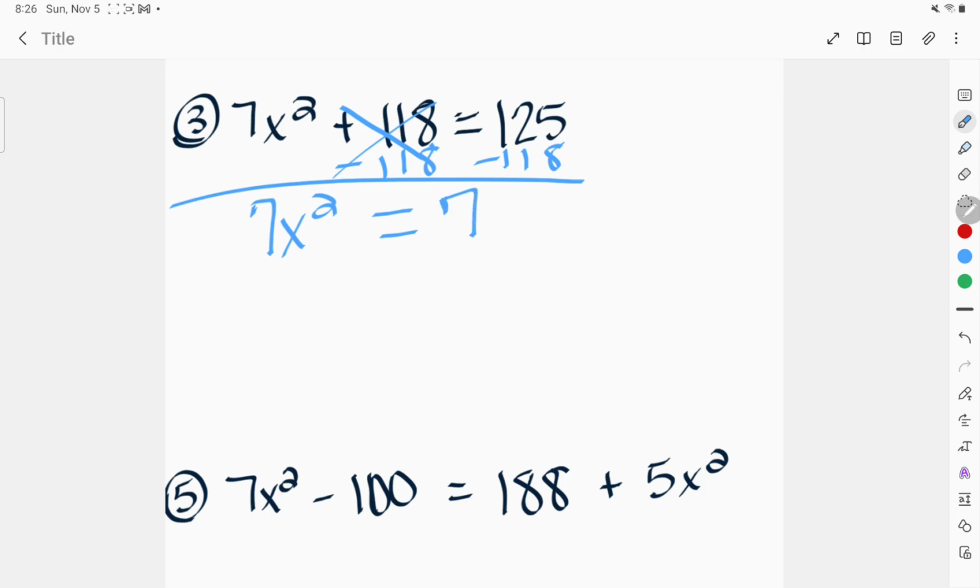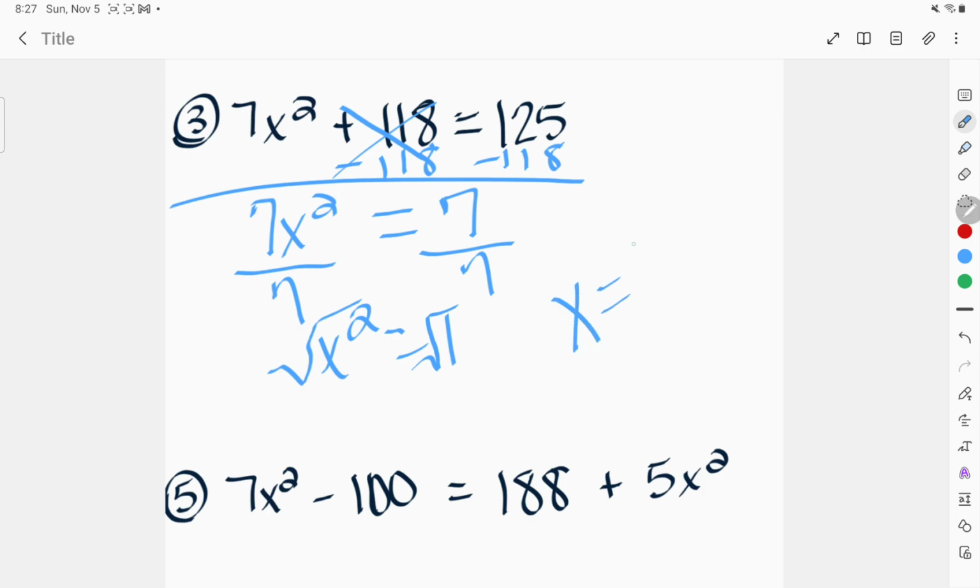Then I'm going to divide both sides by 7. That's going to give me x squared equals 1. So then I just take the square root of both sides. The square root of x squared is x. And the square root of 1 is 1.